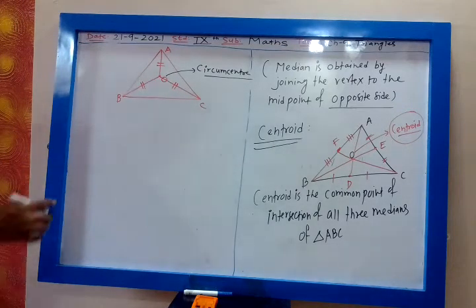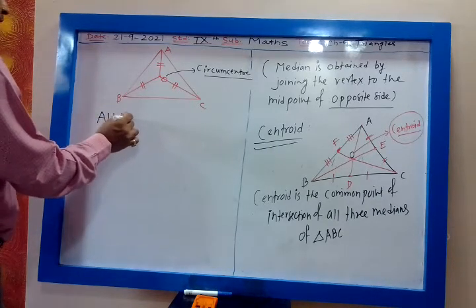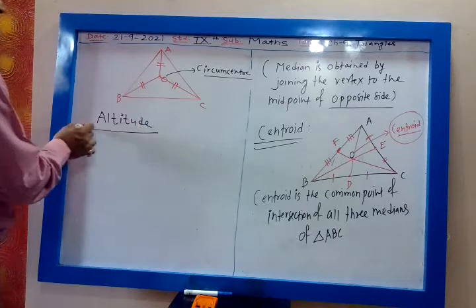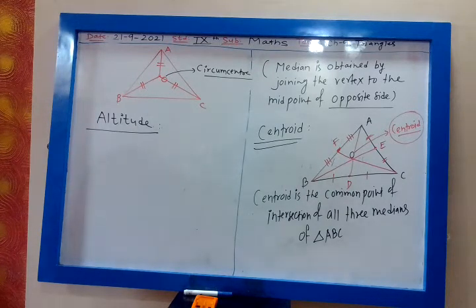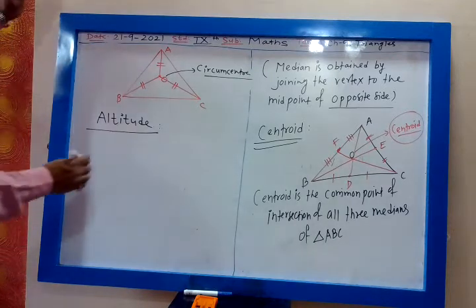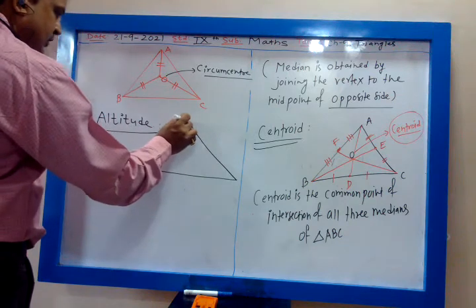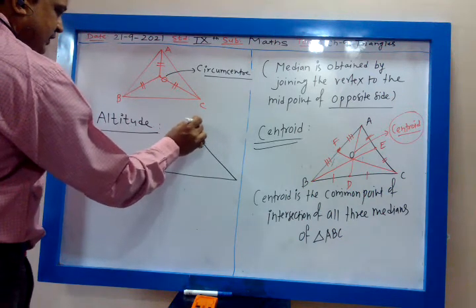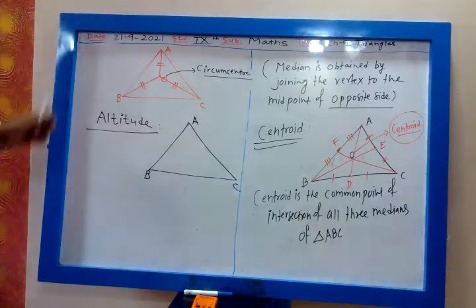Now next is altitude. What is the altitude of the triangle? So draw the triangle ABC. How do we obtain the altitude?